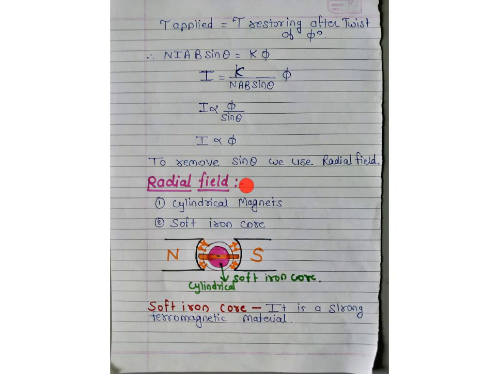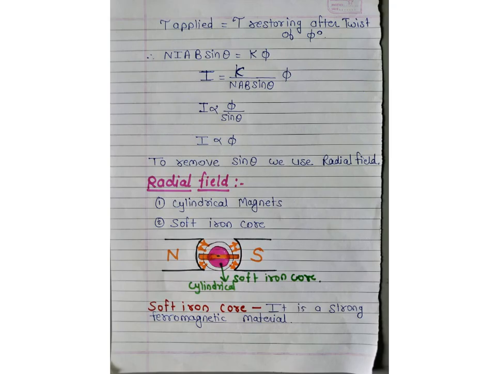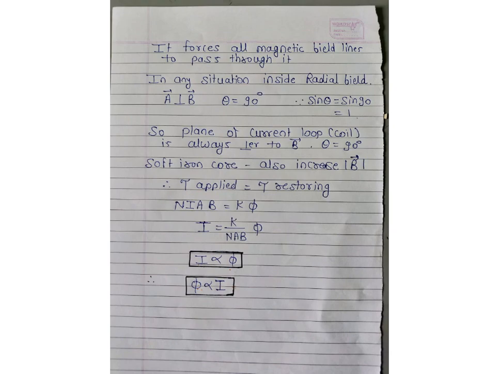The radial field is made by a cylindrical magnet. We use the cylindrical magnet and a soft iron core. The soft iron core is a strong ferromagnetic material. It forces all the magnetic field lines to pass through it.